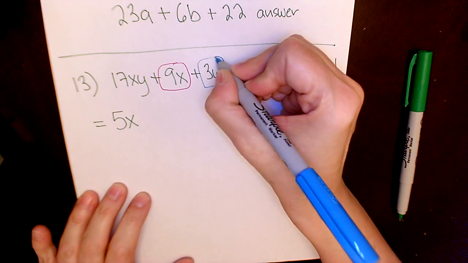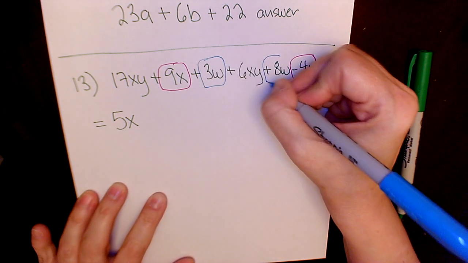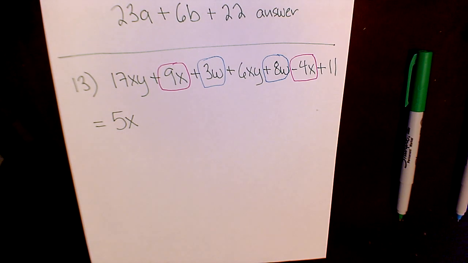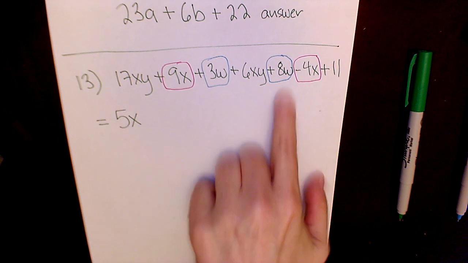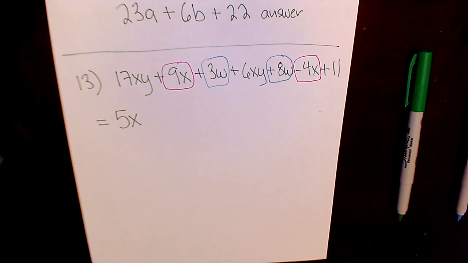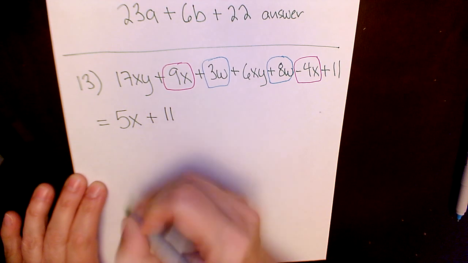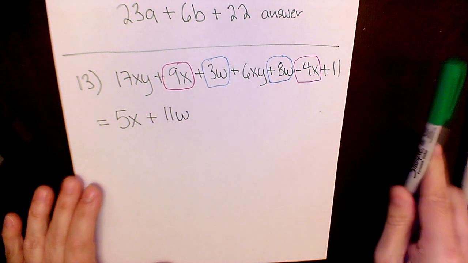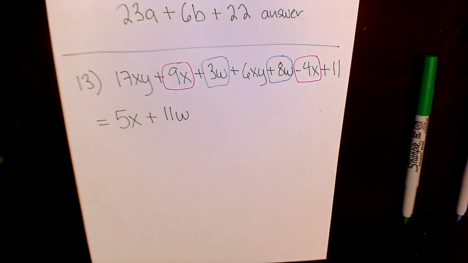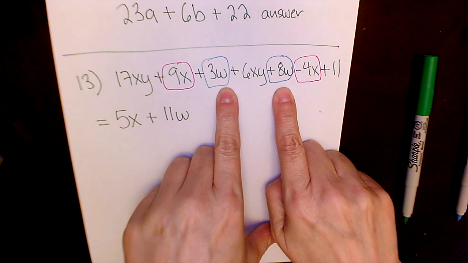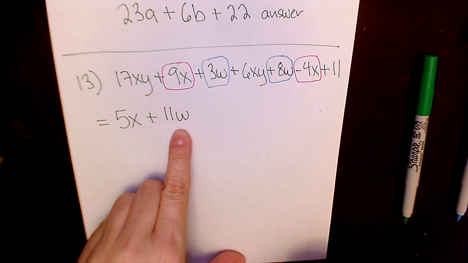I've got a 3w and an 8w. What's 3 plus 8? 3 plus 8 is 11, and the w comes with it. So that's 3w plus 8w is 11w.